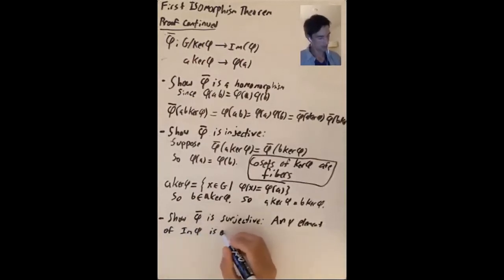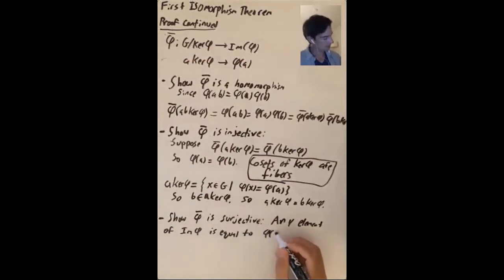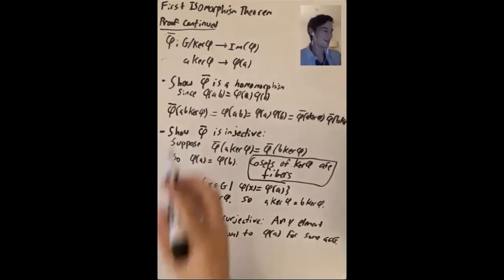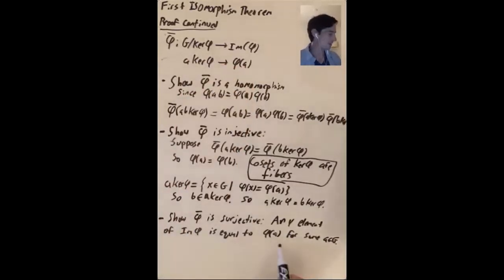It is equal to phi of A for some A in G. Okay, so what's the coset of the kernel of phi that gets mapped to phi of A? Well, phi hat of A kernel phi equals phi of A. So this map, this homomorphism, is surjective.